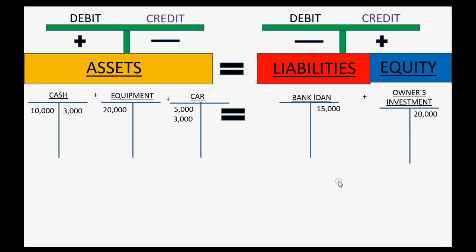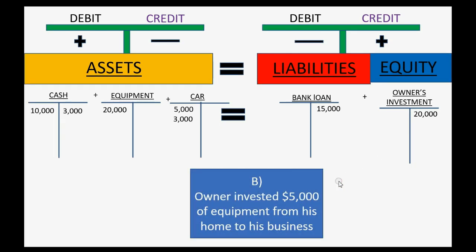Now let's try transaction B. The owner invested $5,000 of equipment from his home into his business. Well, we did this exact transaction in the previous video, where equipment went up, and the amount that this T account measures as the owner's investment in the company also went up because the owner invested more.